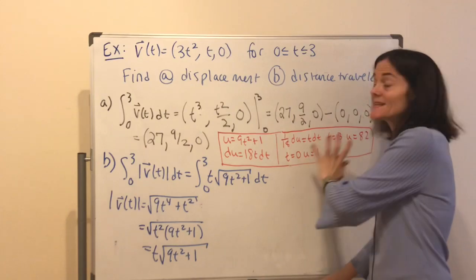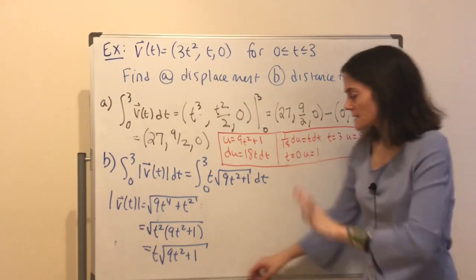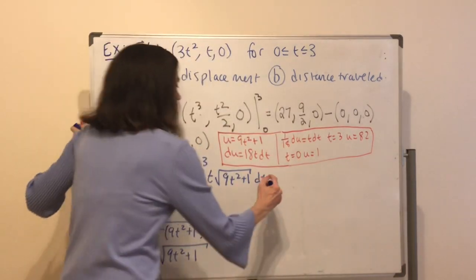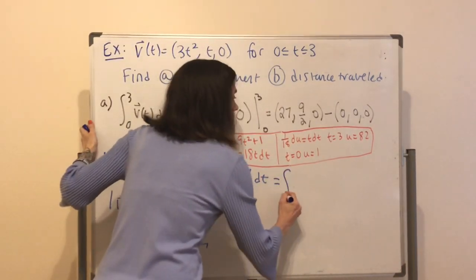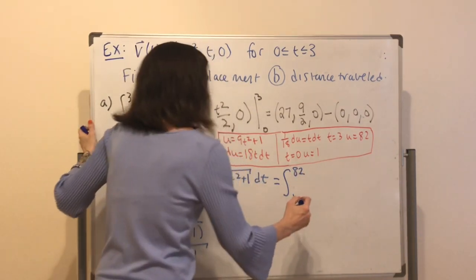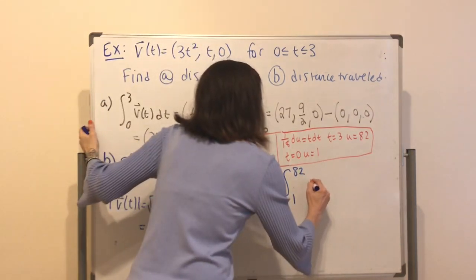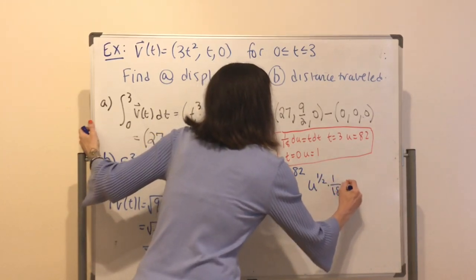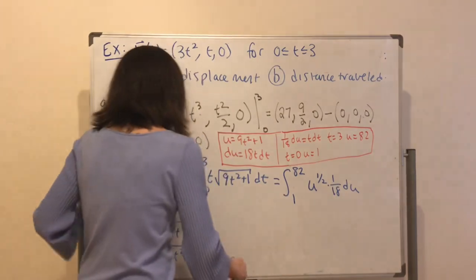Now, because I'm going to change my bounds, I never have to go back to t. Okay? And now we come back to this integral here. This is an integral between 1 and 82 of u to the 1/2 times 1 over 18 du.